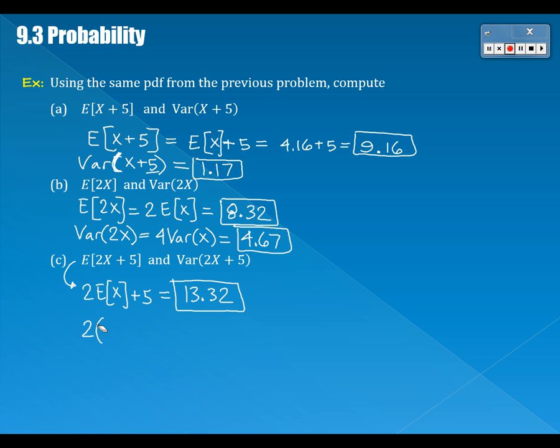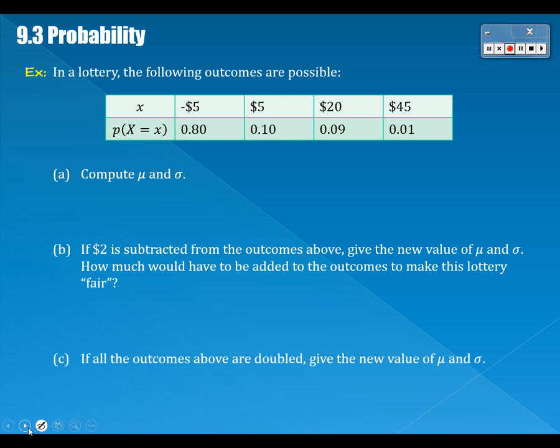We've already said that. So this is in fact just 4 times the variance, and we already computed that. It's 4.67. Again, these are all approximate. Oh, this wasn't 3 sig figs. 13.3, I guess. Right? Okay, so there we go. Now you have a very full treatment of expected value and variance.